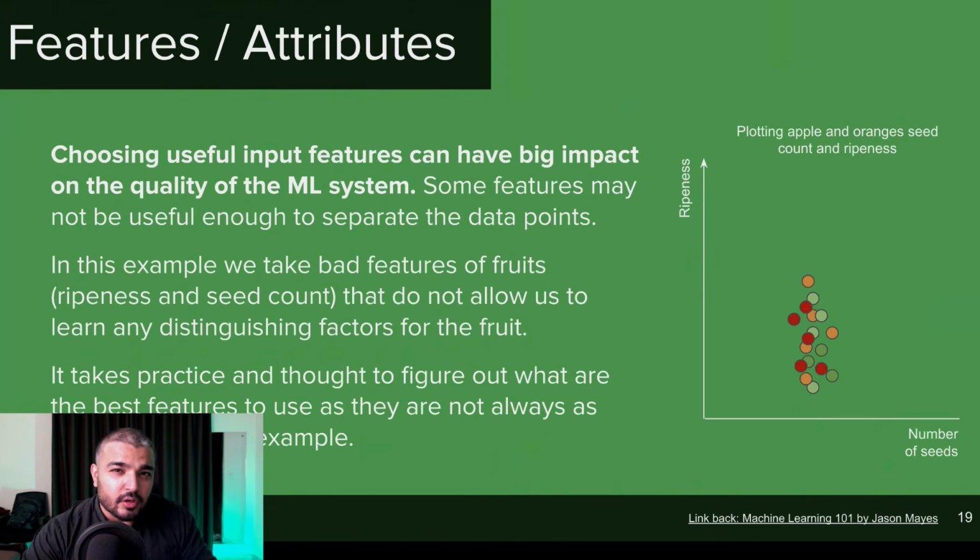So obviously, they're not a very good measure. But since this data was provided to us and your intern chose to throw in ripeness on the y-axis, number of seeds on the x-axis, he went onwards trying to find a pattern. But just look at this mess here. Can you find a pattern here? By all means, no, definitely no.